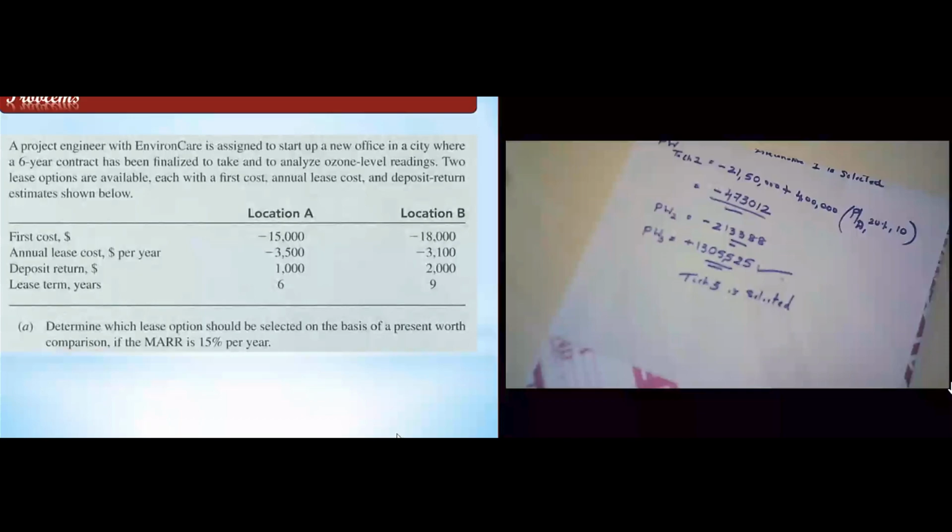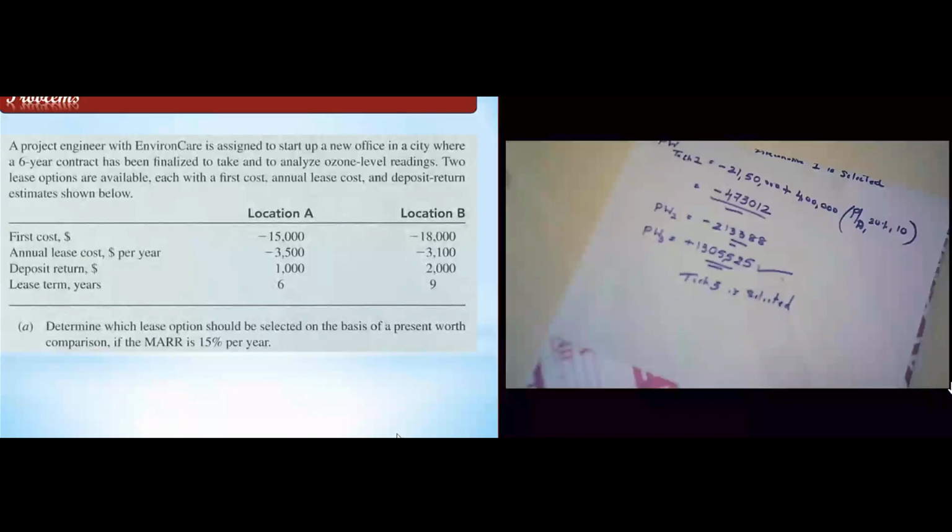Now you may ask that location A and location B have service lives of 6 and 9, so what will happen for the remaining years till 18? For that, we will assume that after 6 years the same set of components will repeat for another 2 periods.